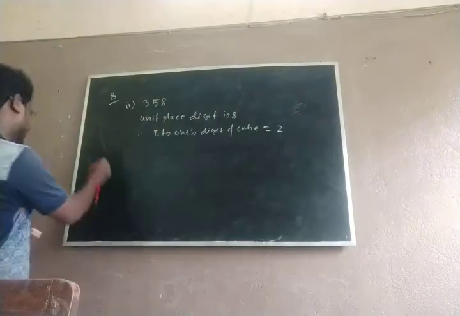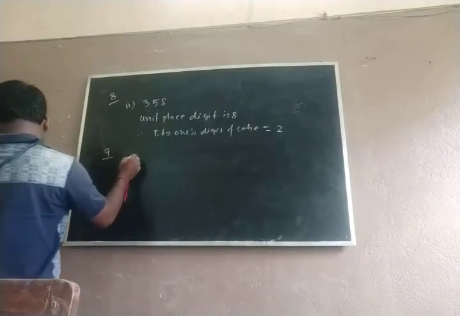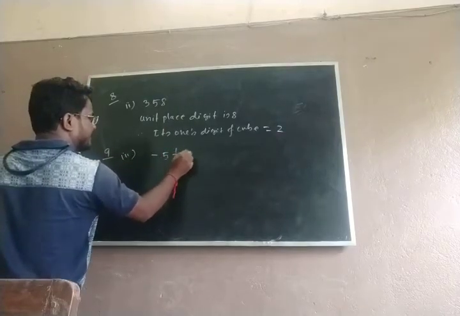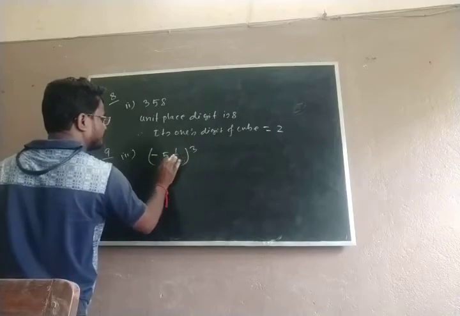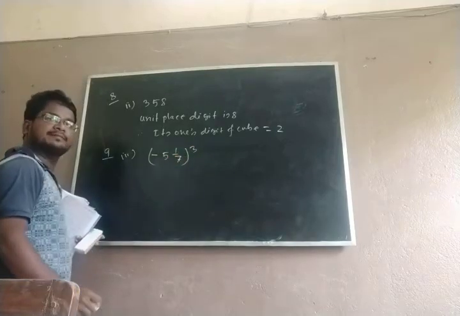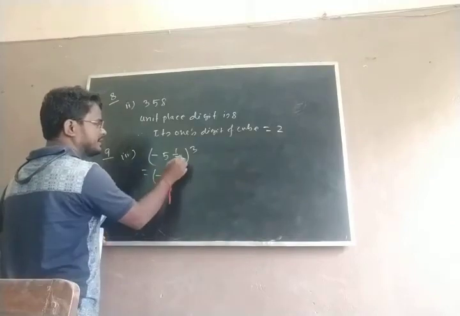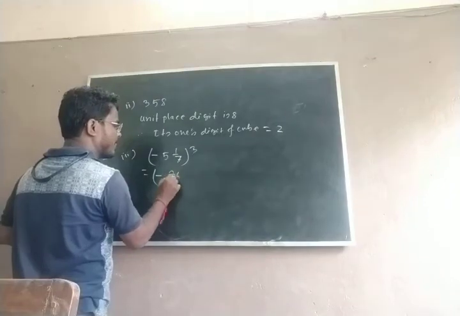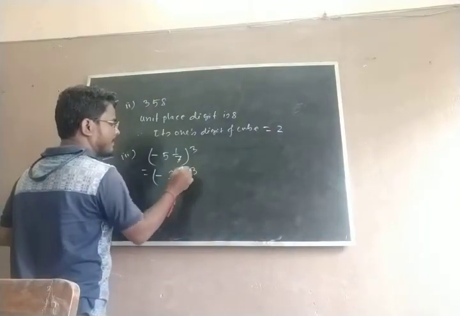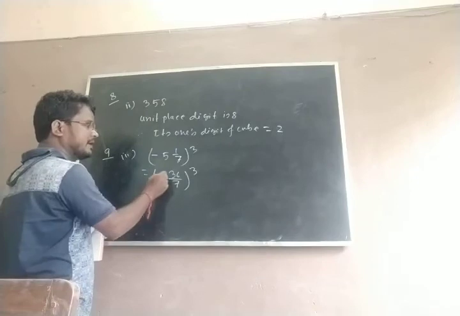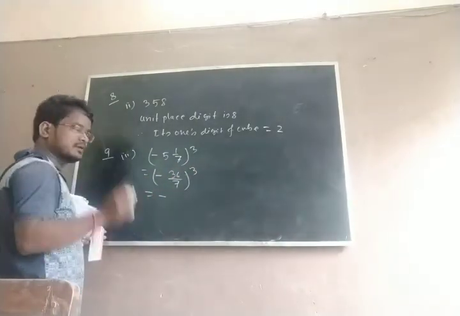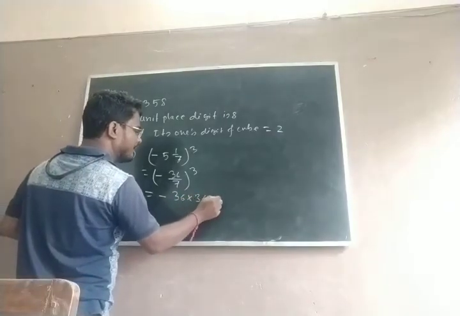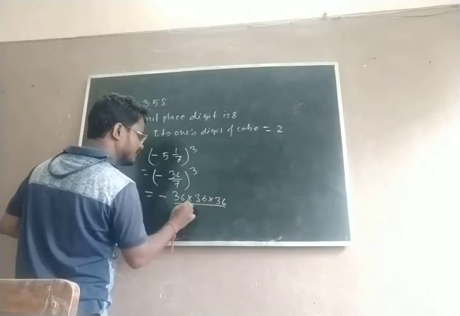Next, number 9. Find the cube of the following. Minus 5 1 by 7. You have to find the cube of this. So very easy. At first, give the minus sign. Then convert it into an improper fraction. Now, its cube is equal to minus 36 cube by 7 cube.